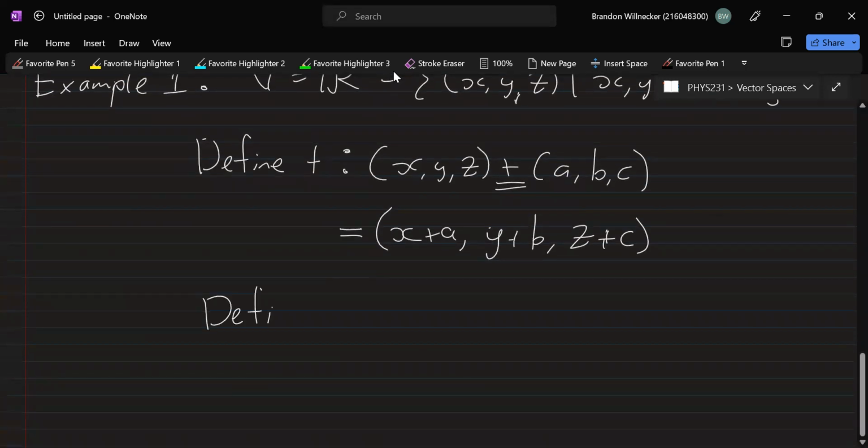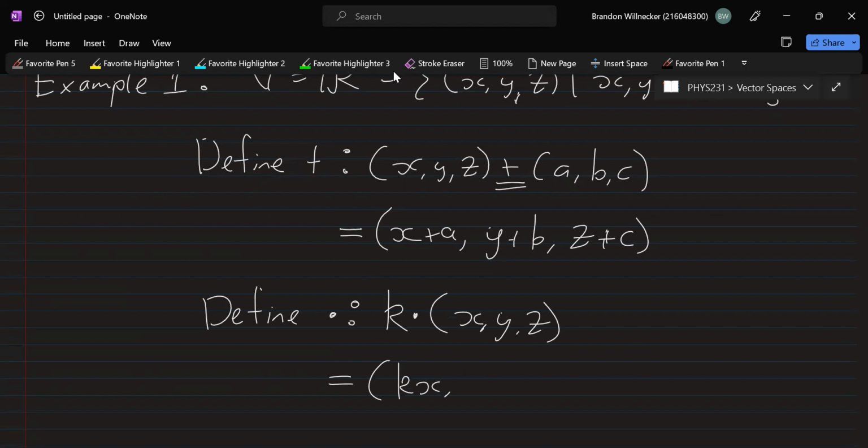And then we can define the scalar multiplication. In a similar way, we take a complex number k and scalar multiply (x, y, z). This is defined as (kx, ky, kz). You should have seen this in your previous math module.